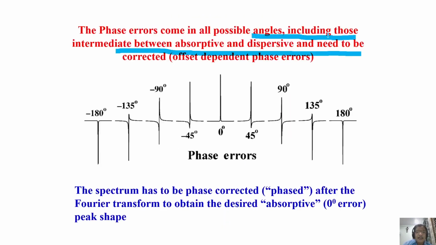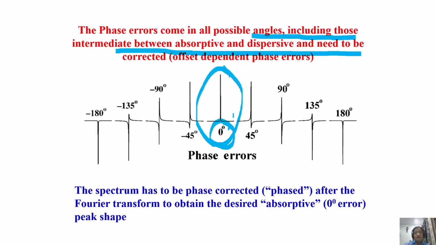Accordingly, our signal has different phases. Let us say this is a perfect signal on resonance. There is no phase error, and cosine and sine components are exactly out of phase by 90 degrees. The phase error is 0.